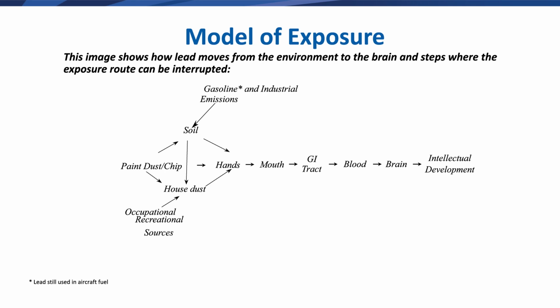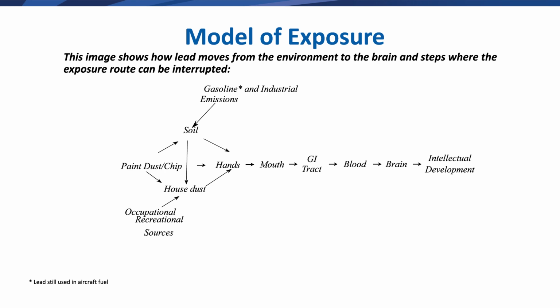In the mouth, it is readily absorbed through the gastrointestinal, or GI, tract. A child who is under age 2 and iron deficient will probably absorb about 50% of the lead that he or she swallows. By the time that child is age 6, he's approaching the adult gastrointestinal absorption level of about 10%.